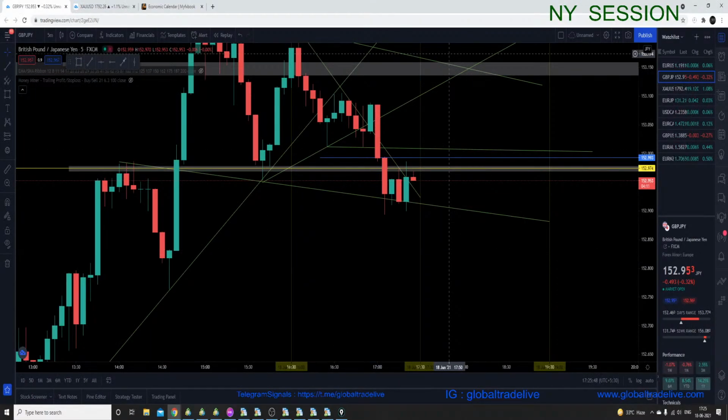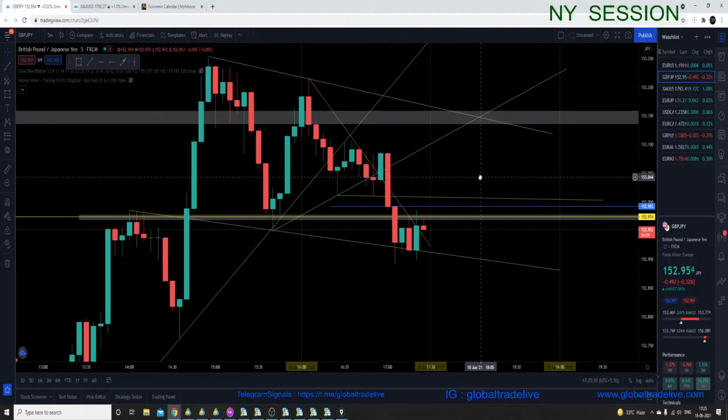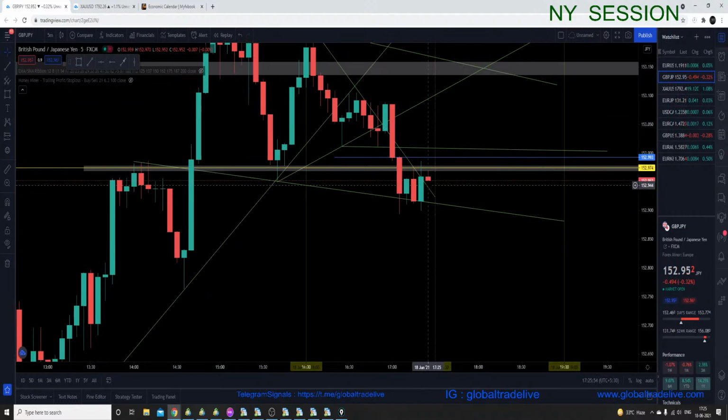So let's just wait here and see how the market reacts to this trend line again, because if it has to go down, then it has to go all the way down and break this low, and once this candle breaks the low, I'm gonna sell. And if this candle takes support from this trend line as it's taking right now, then it should be moving up, breaking the high and continuing to move up.